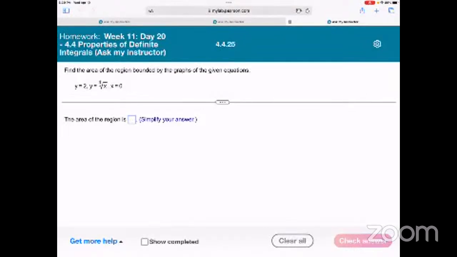Y equals 2 and y equals the 4th root of x.